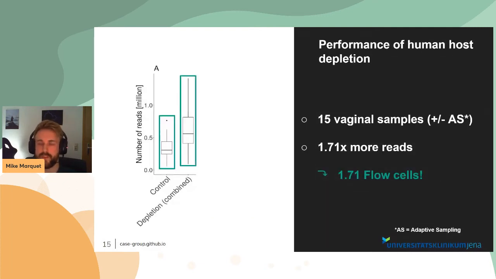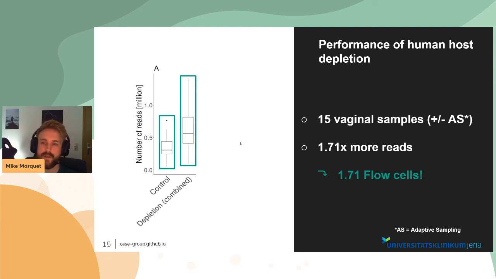So we now assess the performance of the human host depletion. Therefore, we got 15 vaginal samples. They were sequenced first without adaptive sampling enabled, which is the control here. And then we sequenced the same samples again, but with human depletion enabled.